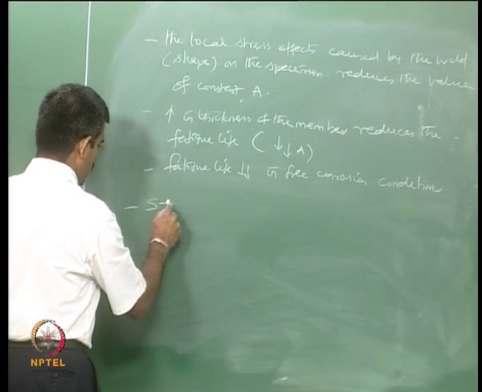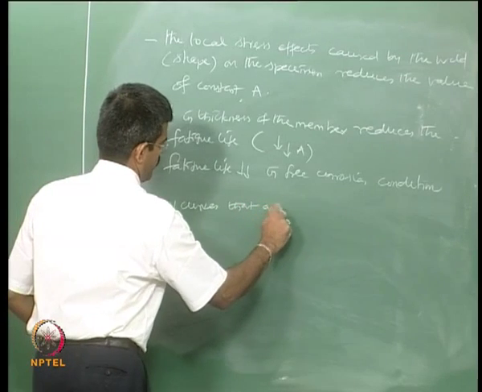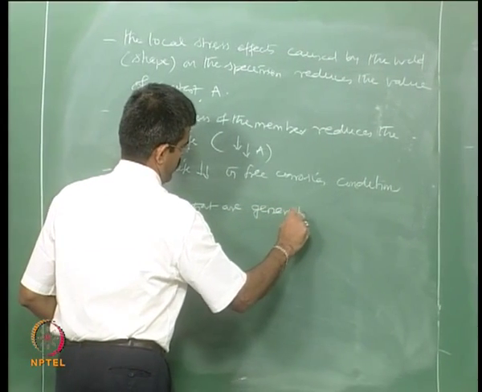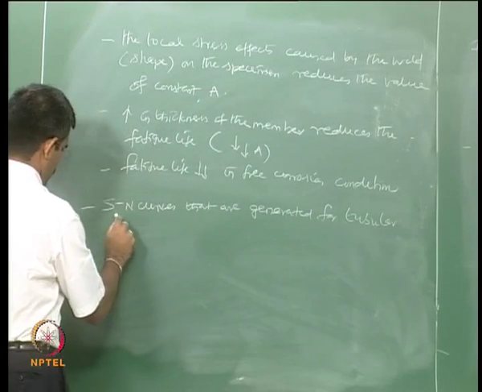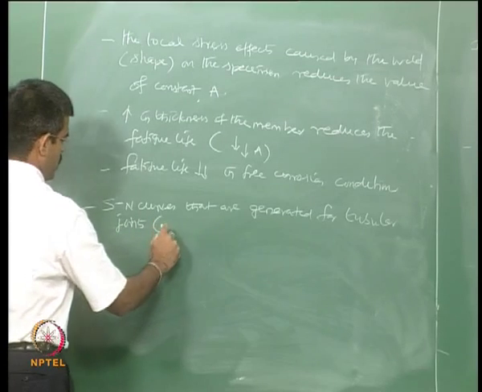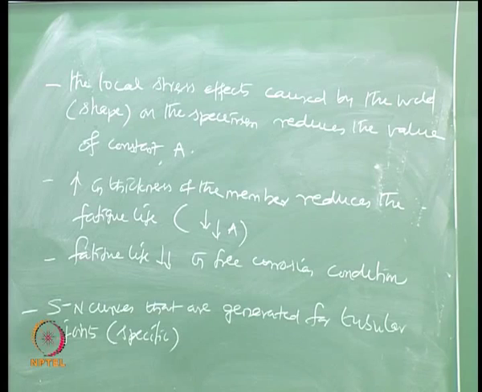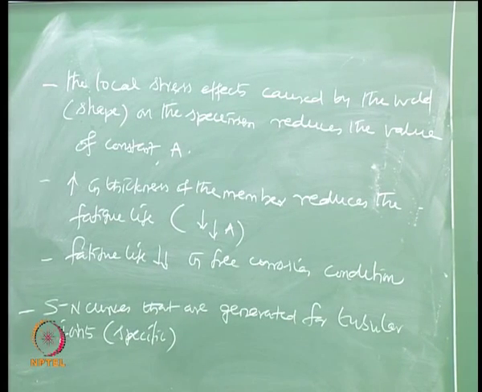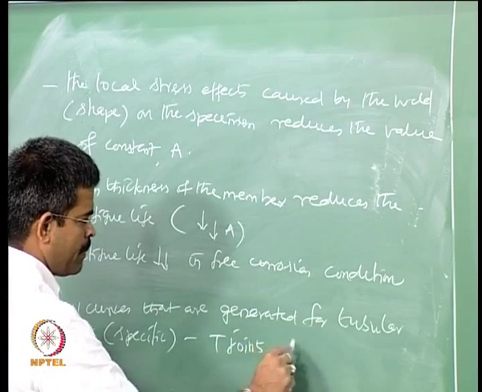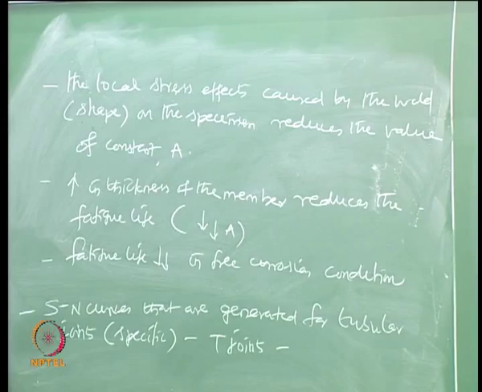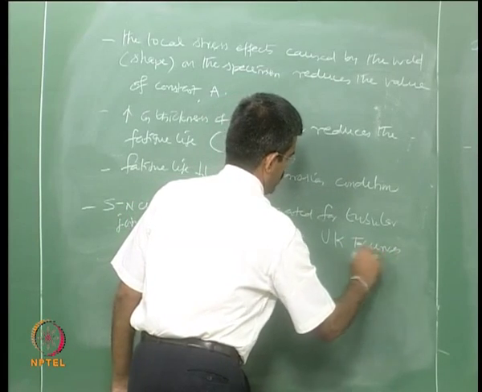So there are SN curves that are generated for tubular joints very specifically, especially for T joints. For example, one can look at what we call the UK T curves.